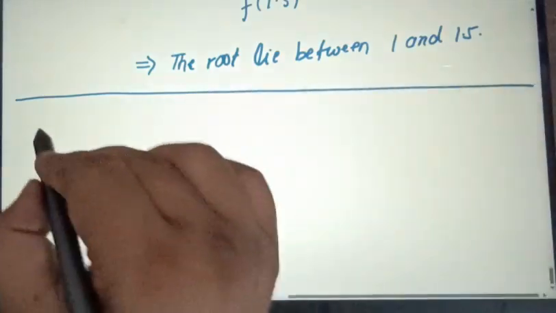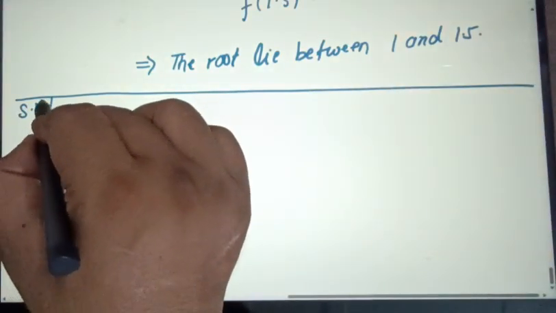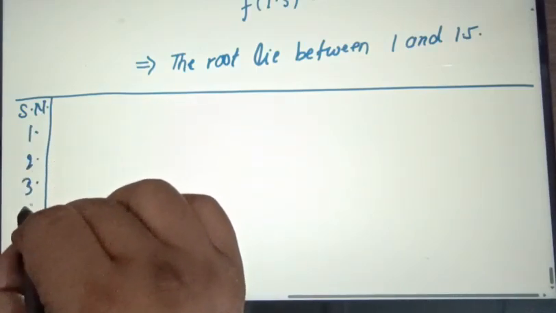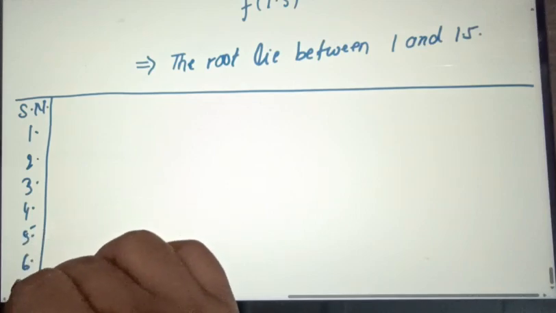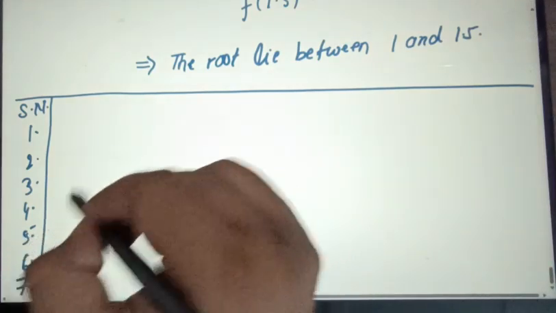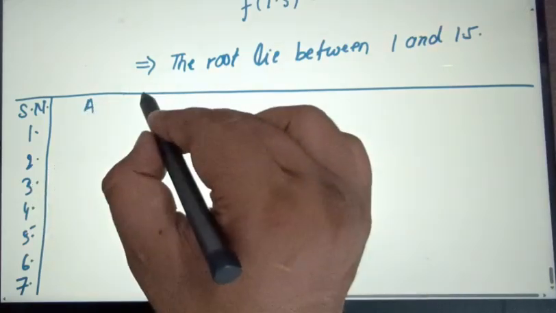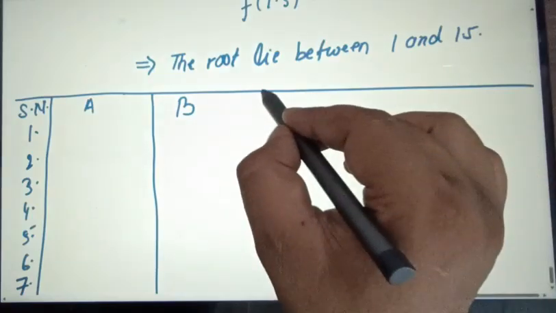Just design a table here, right? Serial numbers, iteration number 1, 2, 3, 4, 5, 6, 7 and so on. Here you will write the value of a, the first end of the interval, and here the value of b, the second end of the interval.